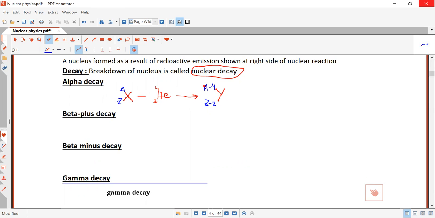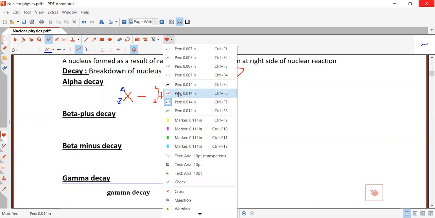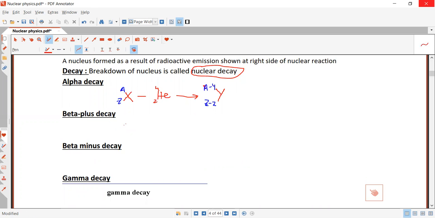The beta minus and beta plus decay you are aware of. It is like this. The element is the same, A and Z. If beta plus is emitted, we are first talking about beta plus, then it's going to be 1, 0.